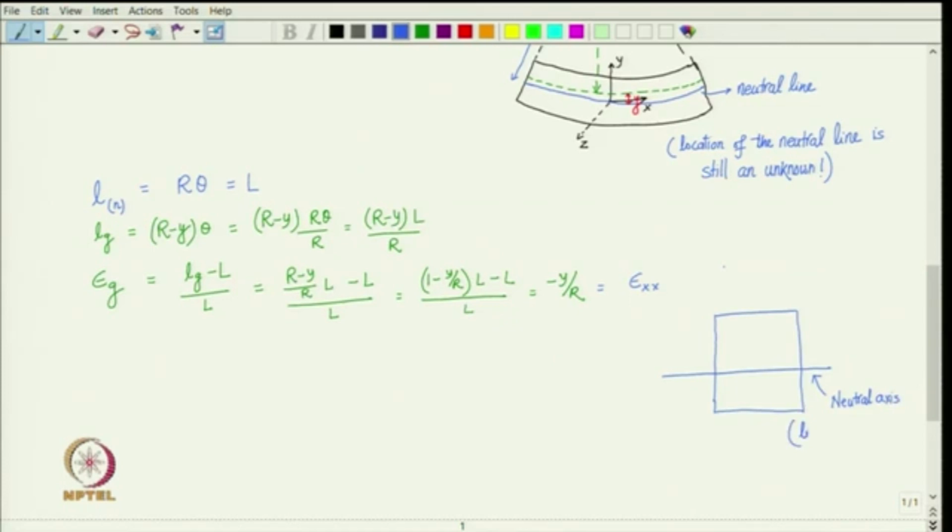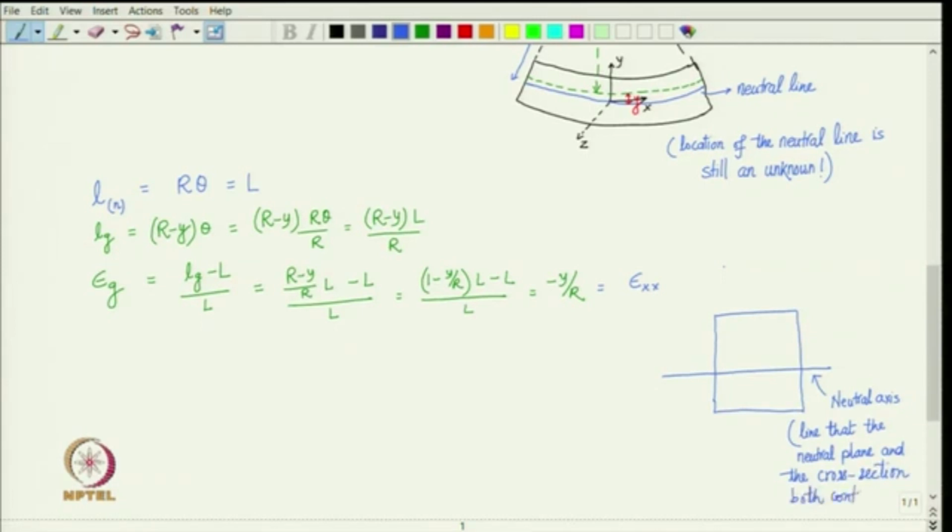This is the line that the neutral plane and the cross section both contain.